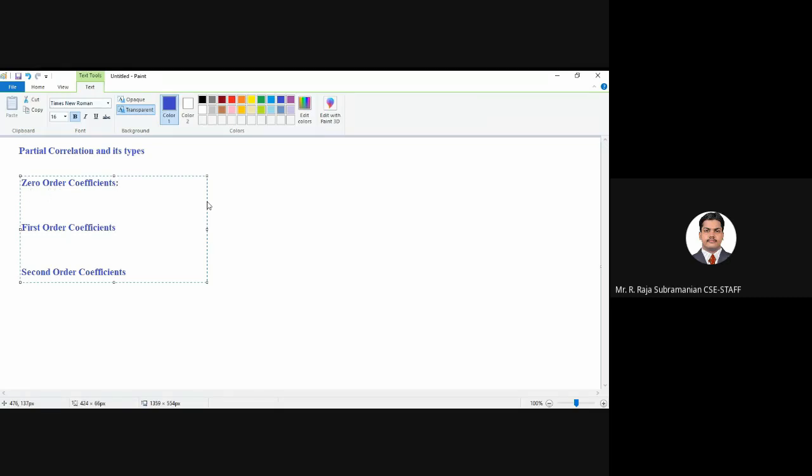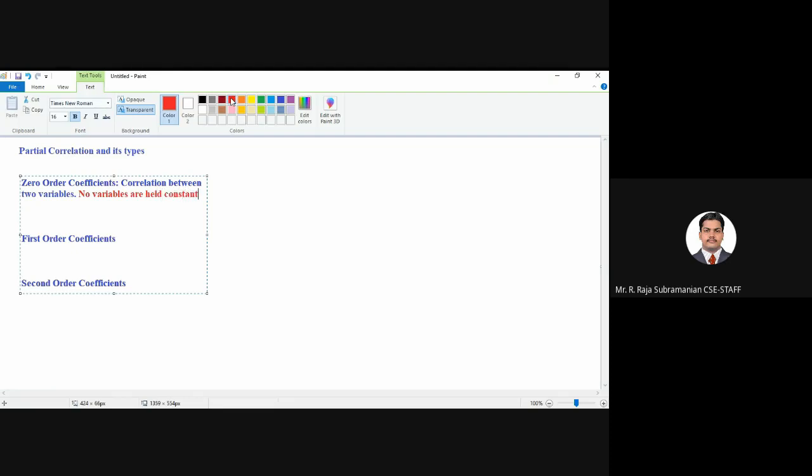Right. This is actually simple correlation, a linear correlation between two variables. That is, one is dependent and the other is independent. Correlation between two variables. The most important thing to understand here is no variable is held constant.